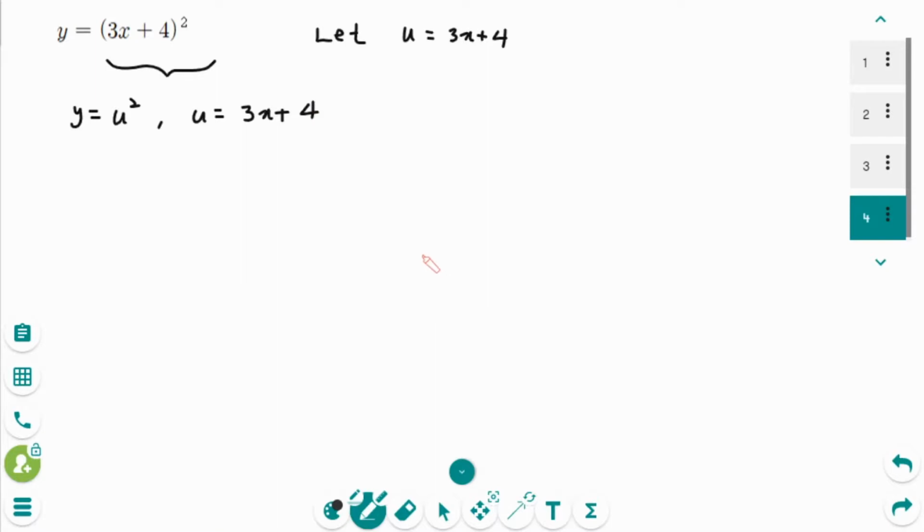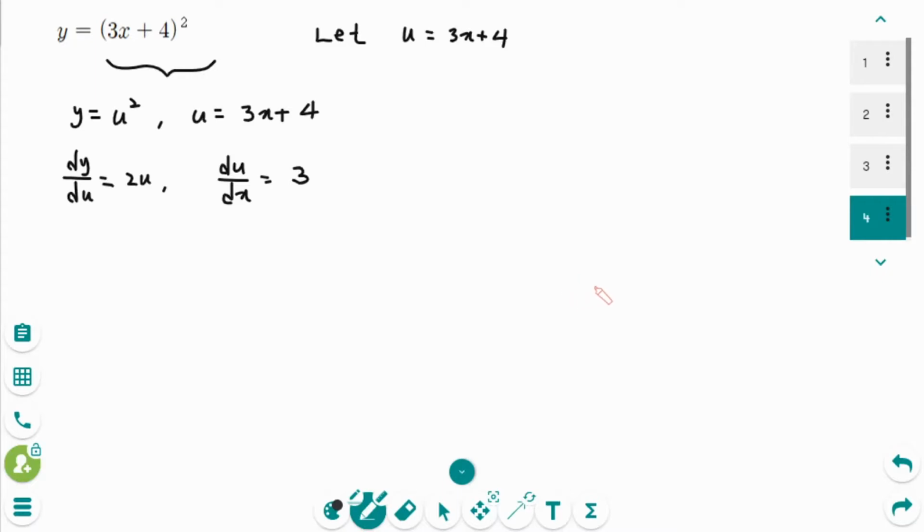As you know, y prime can be rewritten as dy/dx, the derivative of y with respect to x. But now y equals u squared, so y with respect to u, dy/du equals 2u, and du/dx equals 3, because it is u with respect to x.